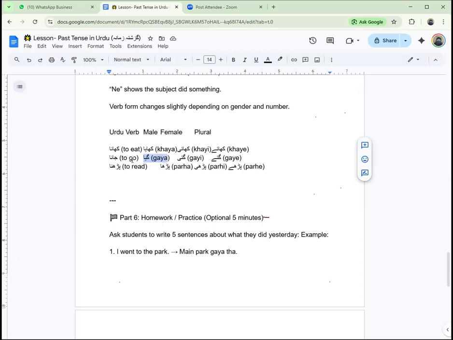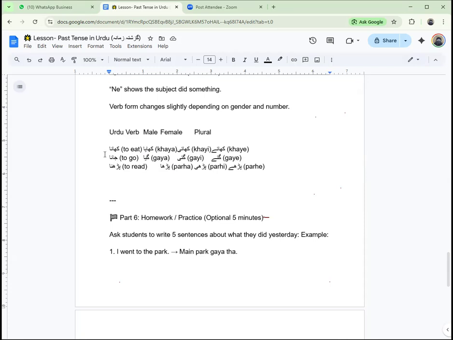Some exceptional words change totally differently, and jana is one of them. We use jana in present tense, where it remains jana, for example jata, ja raha.